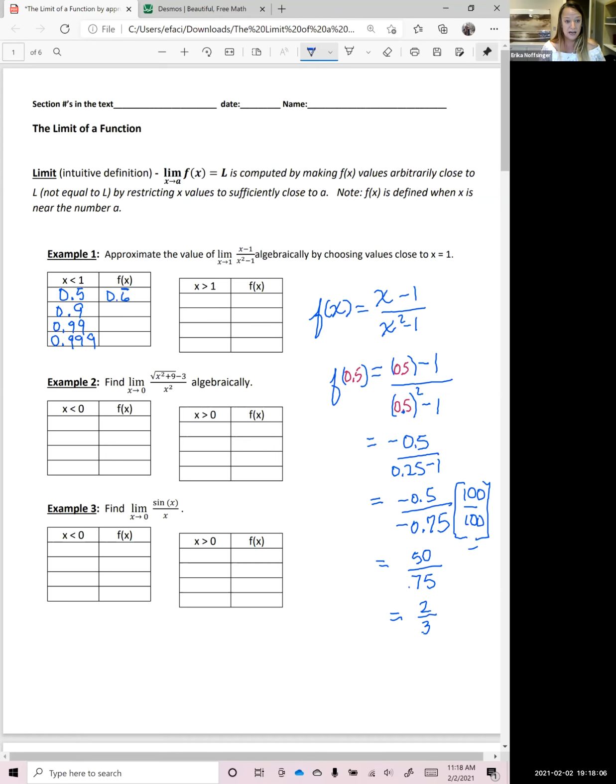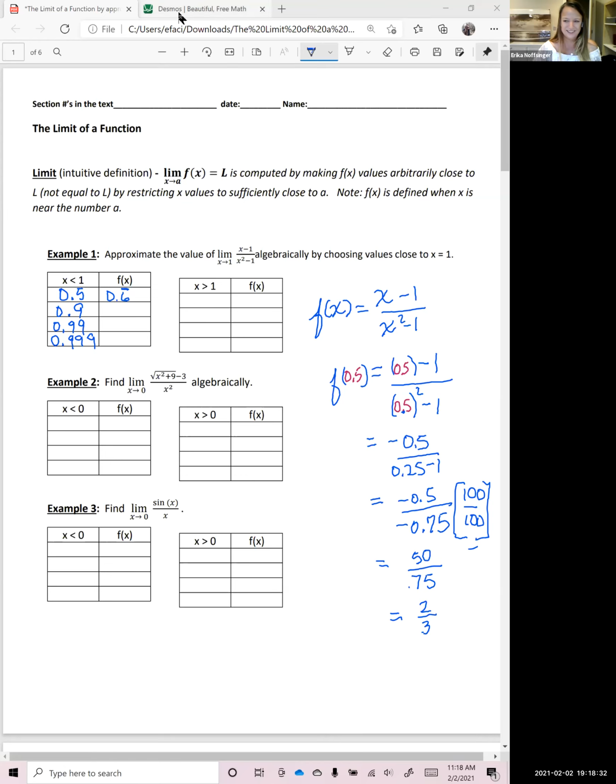So this could get kind of tedious. Can you see, if we were putting in a lot of values of x, having to put them in and then simplify, this is where I would let you use a calculator. Let me show you.